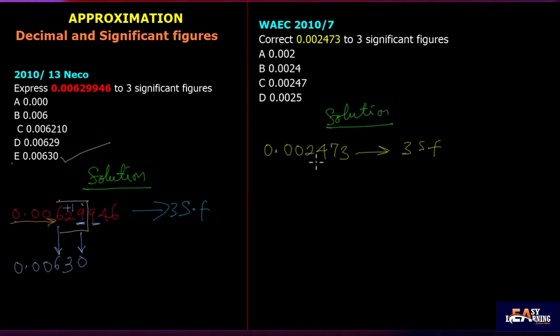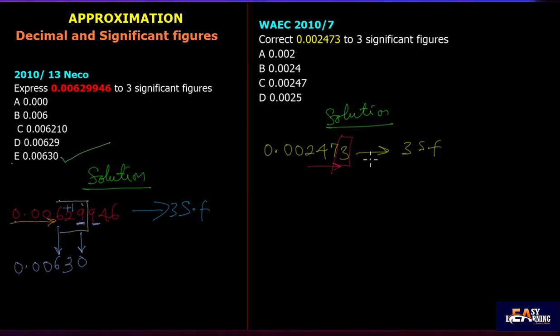Okay, so the first 3 significant figures, this is it, it stops here. So we are considering these three first. Is the next digit up to 5 or is it below 5? It's below 5. Since it is below 5, we're not going to do anything to it.